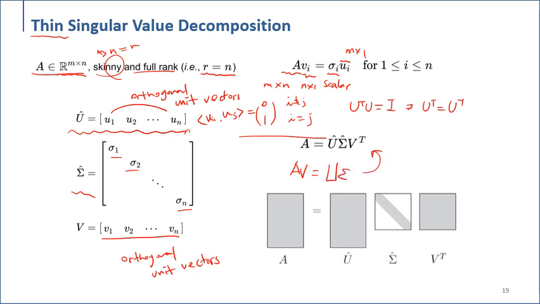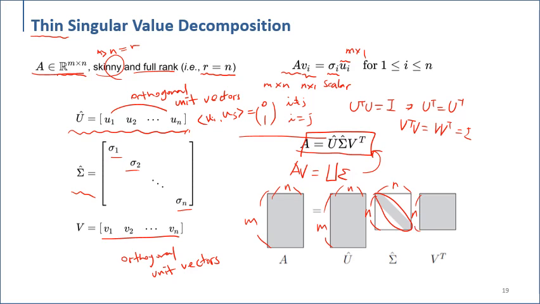From that, we can rewrite A as equal to U sigma V transpose, because we know that V transpose V is equal to V times V transpose, which is I. So here A is an M times N matrix, U is also an M times N matrix, sigma has only diagonal terms with the size of N times N, and V transpose is also a matrix of N times N.